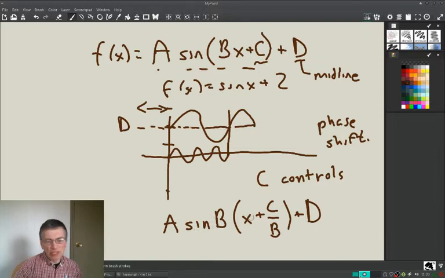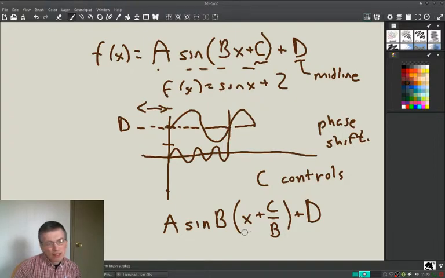Now it's just sine of b of x plus c over b. What happens here is this c over b changes the initial x value. It's sort of added onto x. So maybe x started at 0, maybe c over b equals pi, and then x starts out as pi, and then the whole function gets to 0 when x equals minus pi.